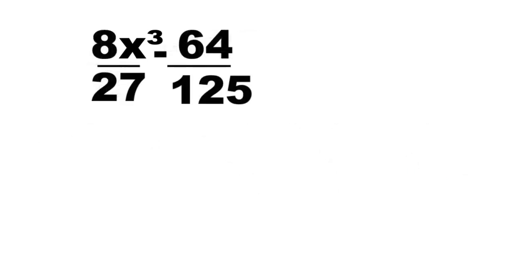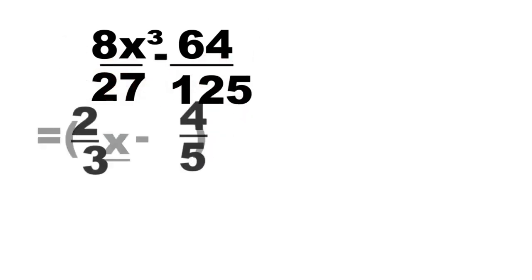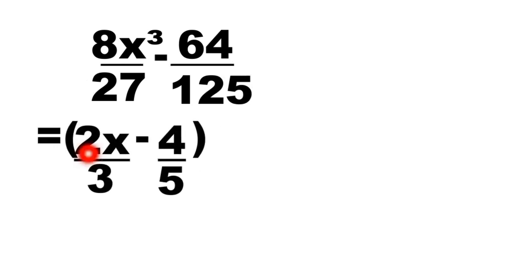So the example is 8x cubed over 27 minus 64 over 125. The cube root of this one is 2x over 3, and this is 4 over 5. So we have here 2x over 3 minus 4 over 5. This is minus, this is minus. Then square this one.